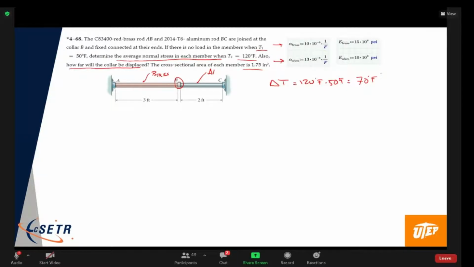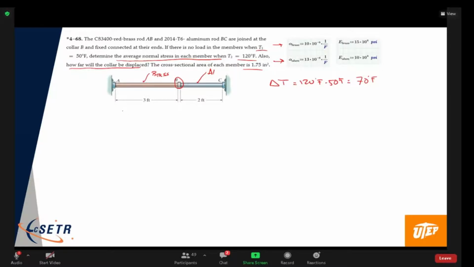All right. So how can we go about solving this problem? Well, since they're dissimilar materials, or if they were different diameters, right? We have a little bit of a problem. We have to treat this as one sort of specimen.